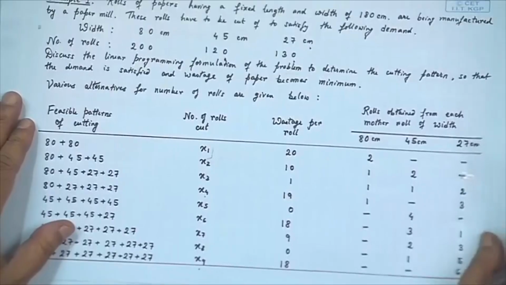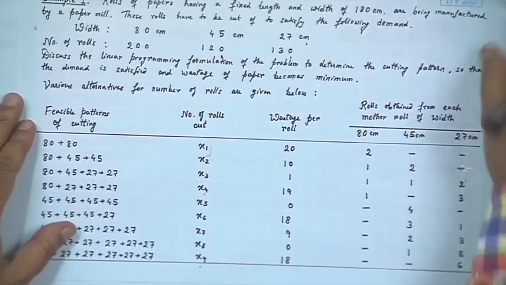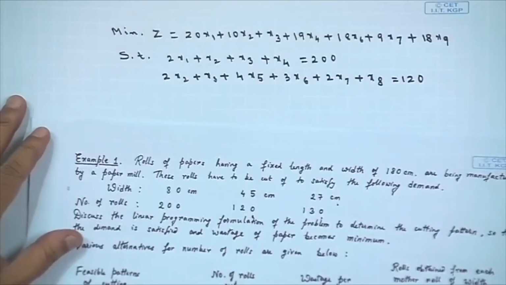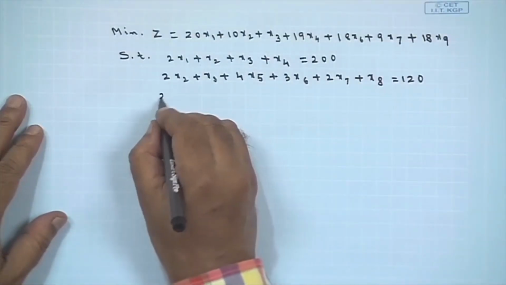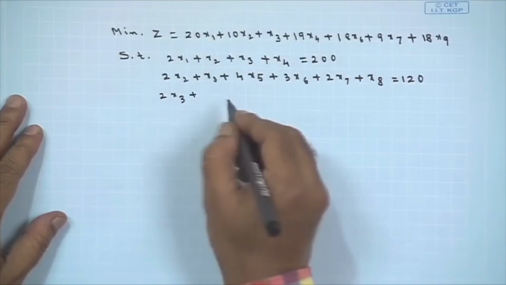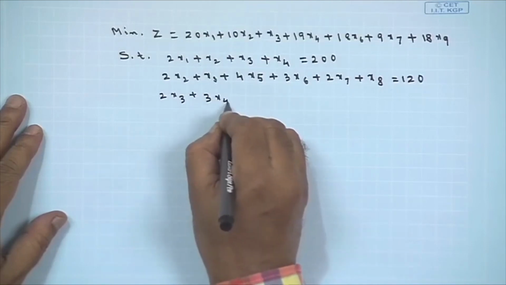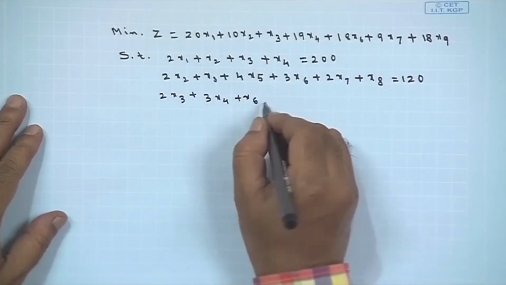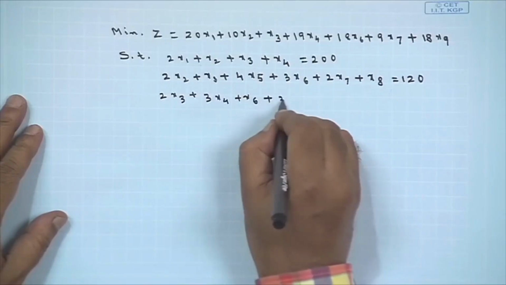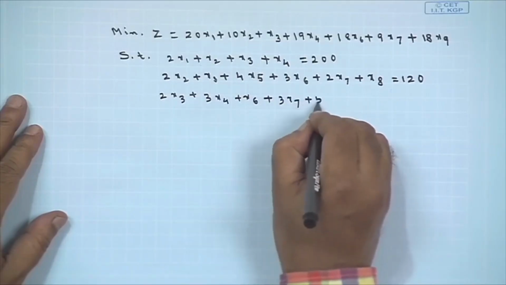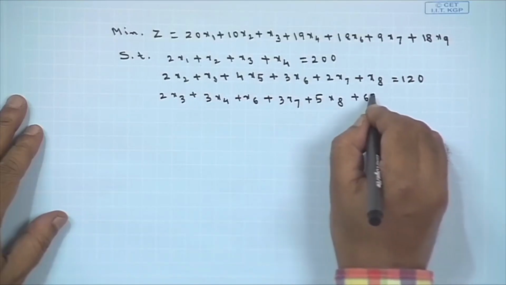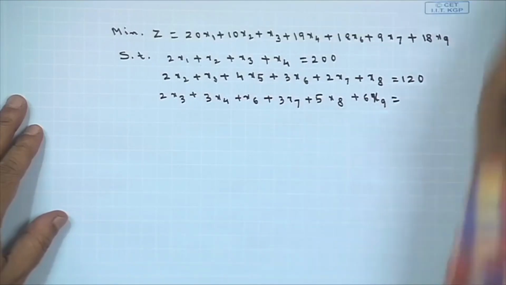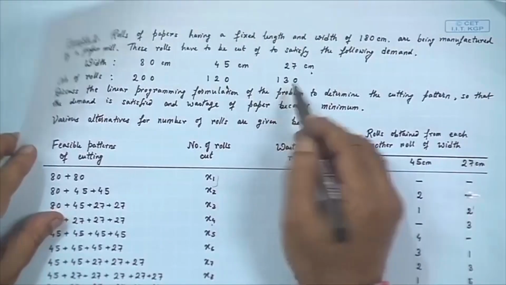Your third constraint will be 2 x3 plus 3 x4 plus x6, x5 is not there, plus 3 x7 plus 5 x8 plus 6 x9, and these values should be equal to 130.